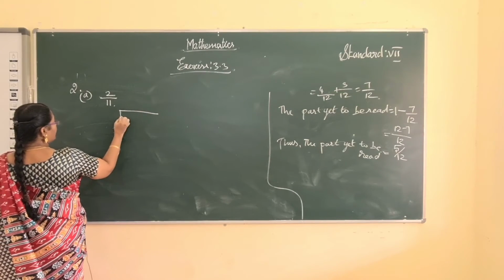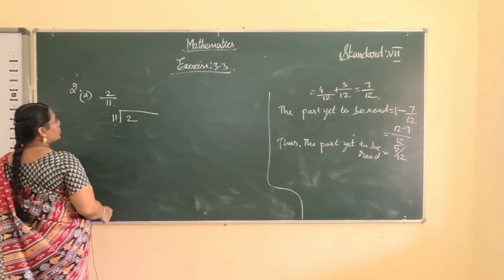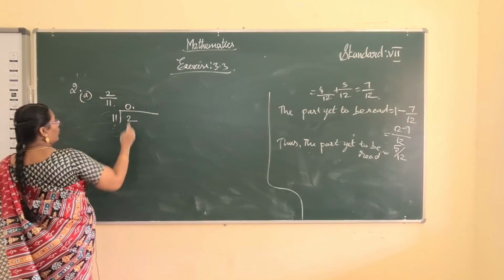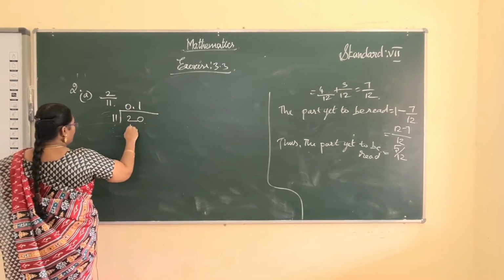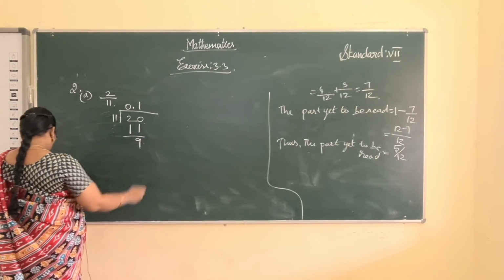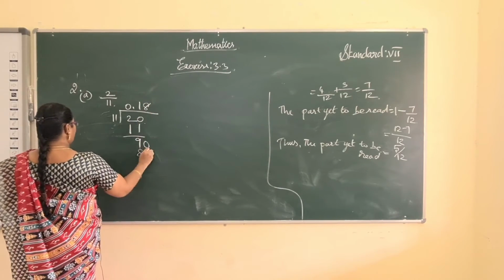Divisor is 11 and dividend is 2. So it's not possible, so put 0 point and add 0. How many times? 1 time. So 11, remaining 9. After that, add 0. How many times? 8 times, 88.